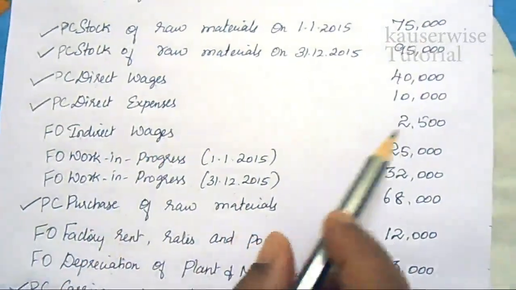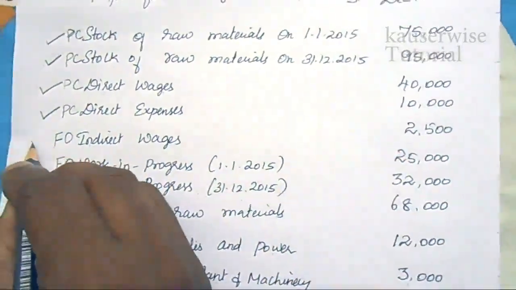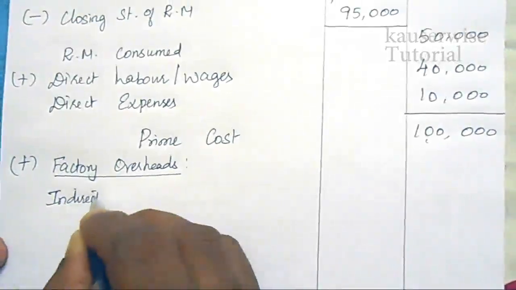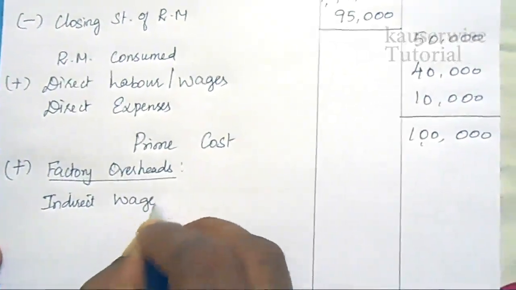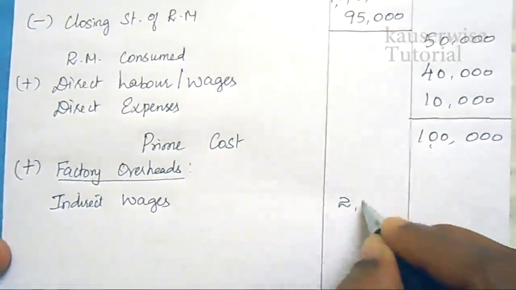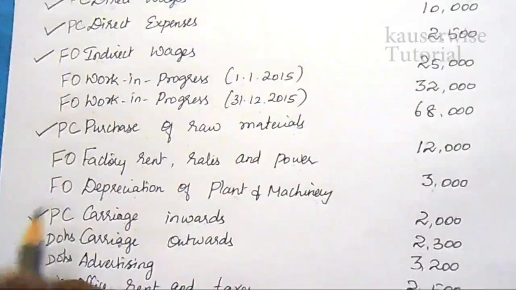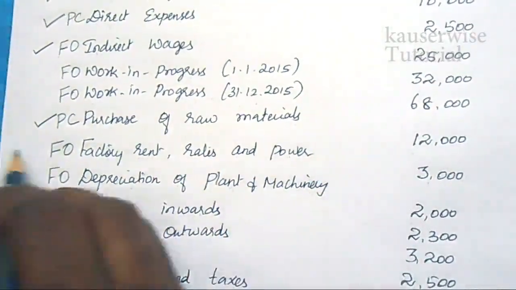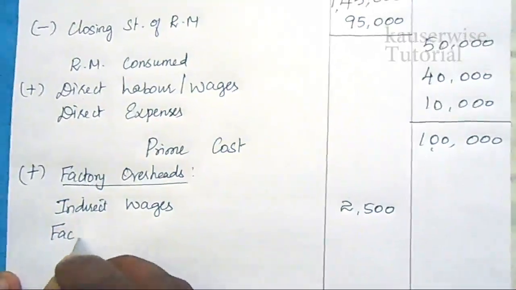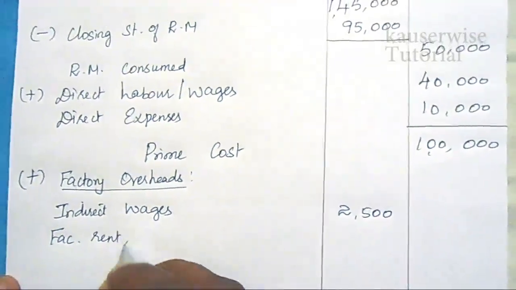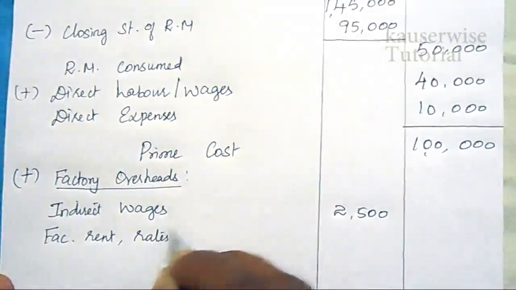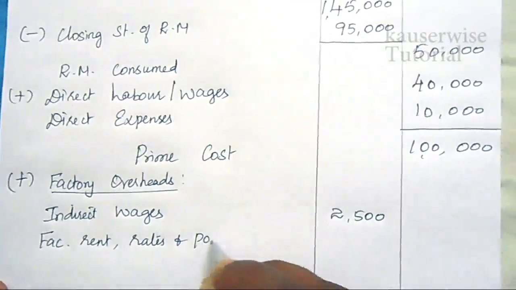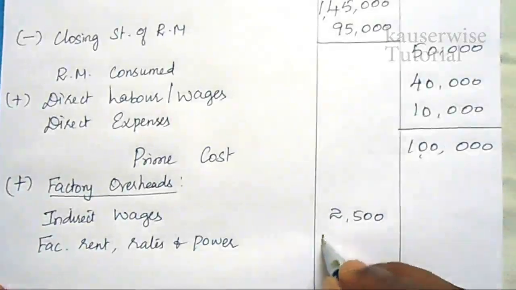Indirect wages 2,500. Next one, factory rent, rates and power 12,000.